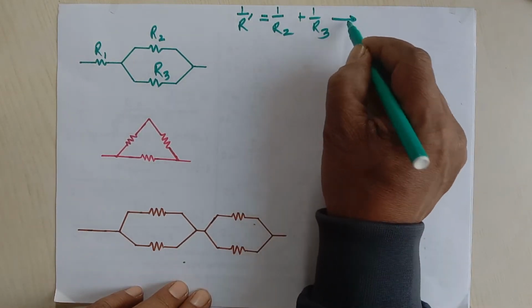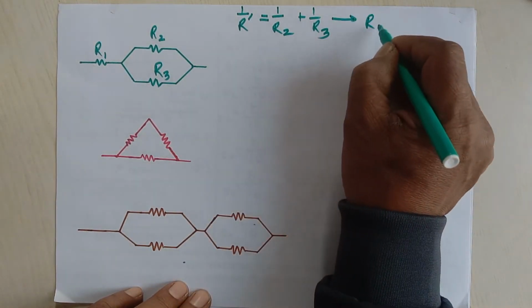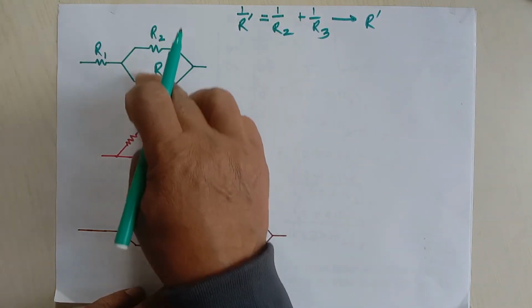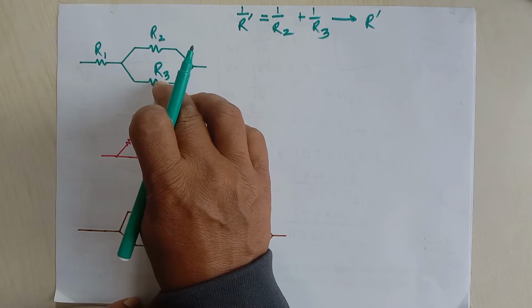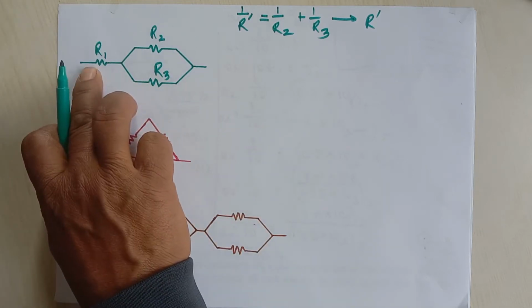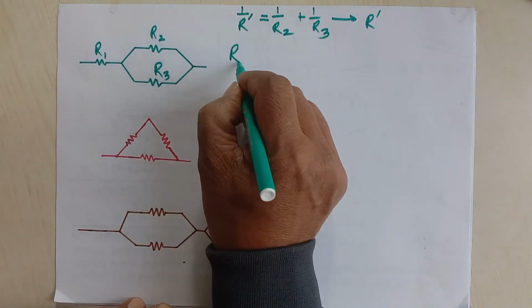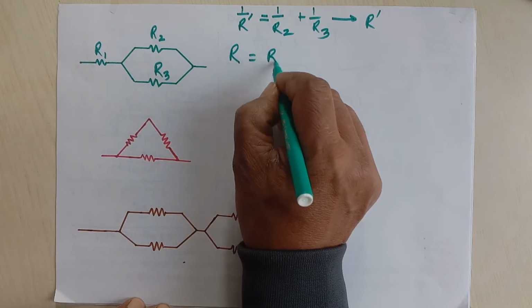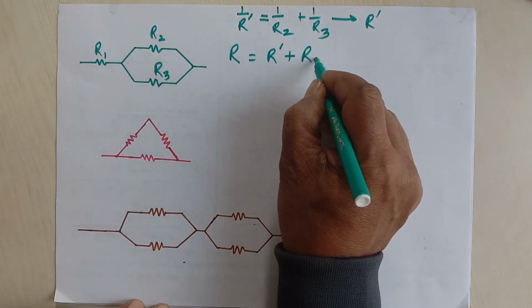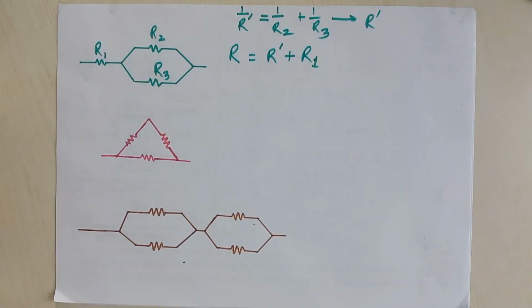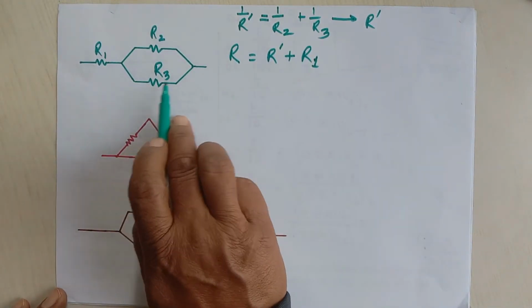After the calculation, we get R dash. Now this R dash, which is the total of R2 and R3, is in series with R1. That's why total resistance R is equal to R dash plus R1. This way we can solve this numerical problem.